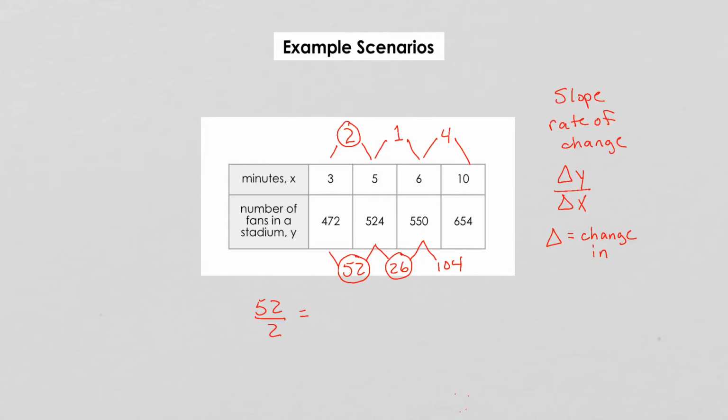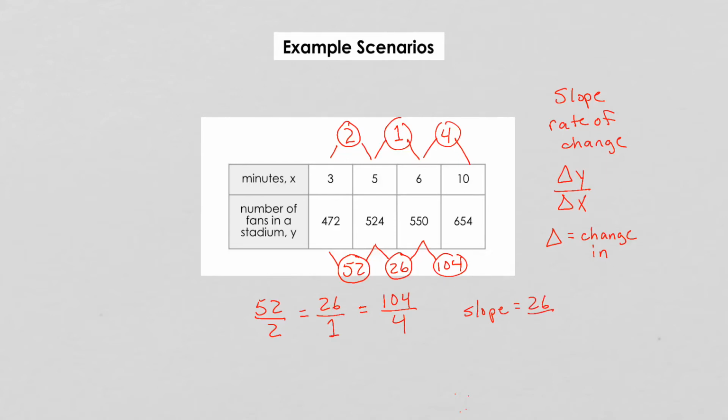You're going to get 26 over 1, which is our second ratio of change in y over change in x. And then if we do the third one, 104 over 4, if you reduce that fraction, you are also going to get 26 over 1. So we can say here that our slope or our rate of change is 26.